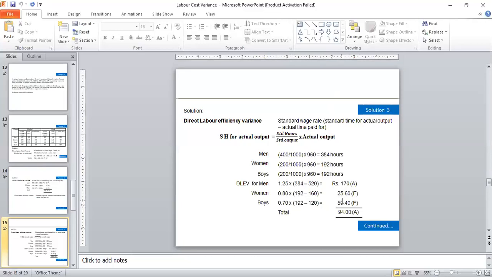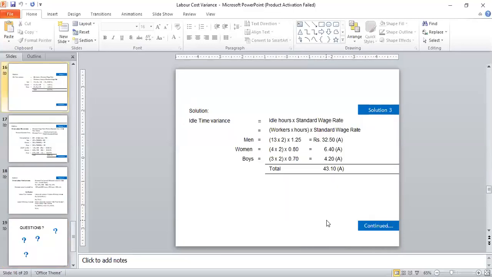Calculating this, we got 25.60 rupees favorable variance. In case of boys, again standard wage rate is 0.70, and revised standard time for actual output is 192 hours, minus actual time paid is 120 hours, and again we have got the 50.40 favorable variance. Overall total of these men, women and boys total efficiency variance is rupees 94 adverse.